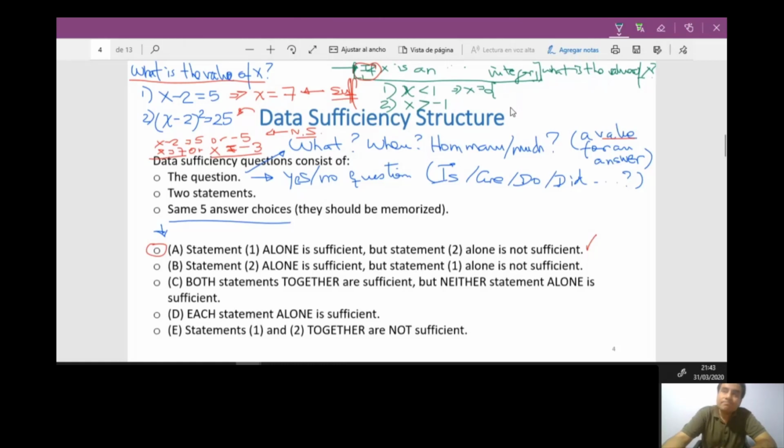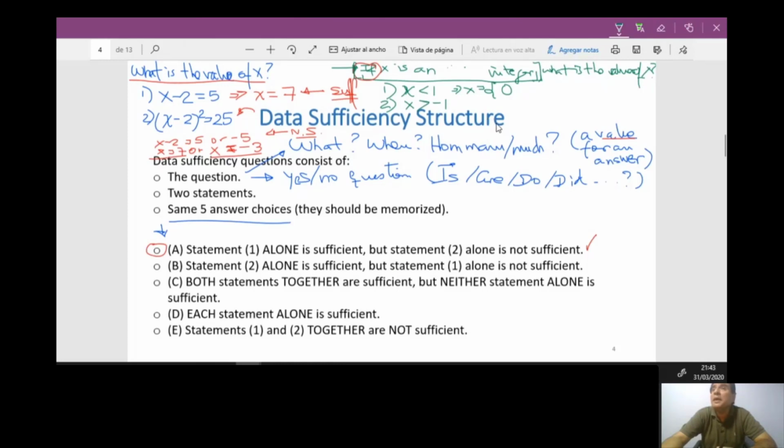Anyone? Could x, for example, be 0? Is 0 an integer? Yes, that's it.